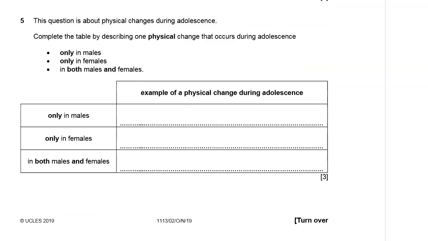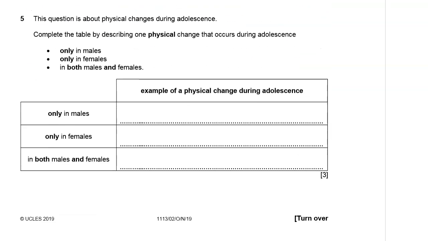Okay. Question number 5. This question is about physical changes during adolescence. Complete the table by describing one physical change that occurs during adolescence: only in males, only in females, and in both male and female.